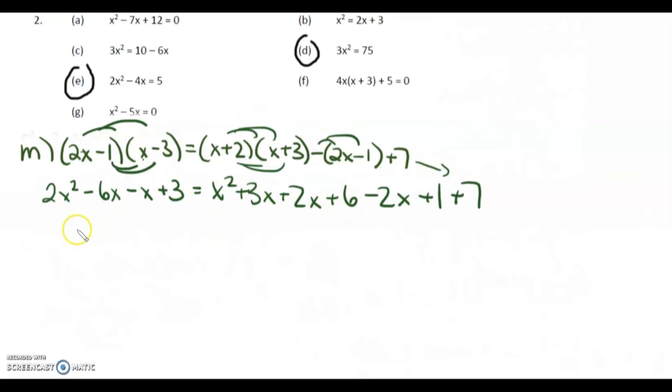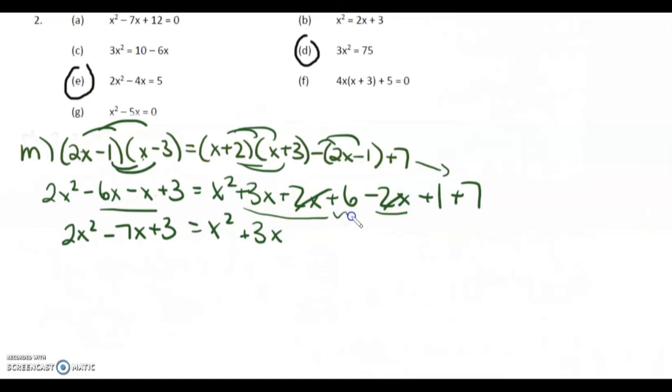So now all we have to do is collect like terms. So I'm going to collect these two. Okay, so negative 6 minus 1. And then this is the only x squared. I'm going to collect these three. Those cancel, so I have 3x. And 6, 7, 14. Okay, I'm going to bring all three of these over. Actually, I'm going to do this the opposite way.